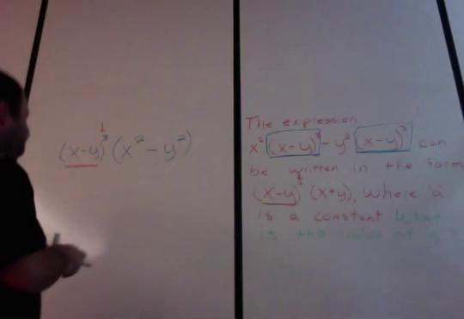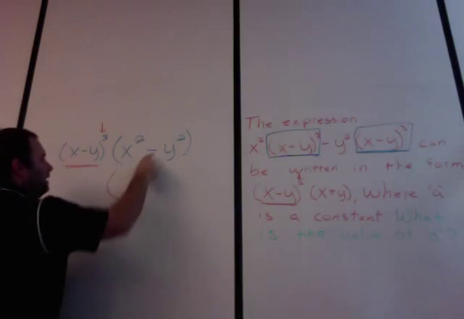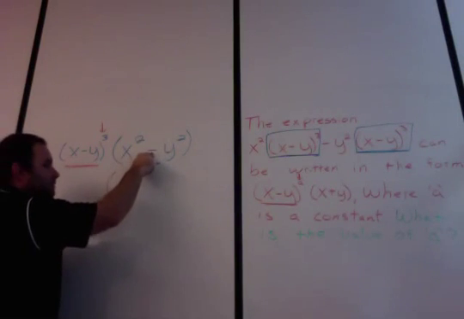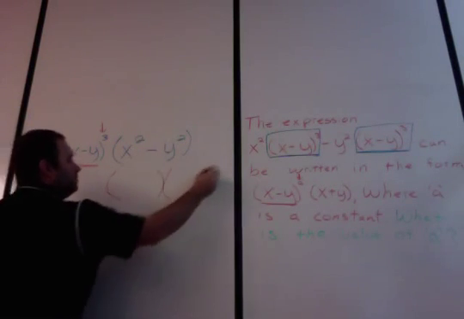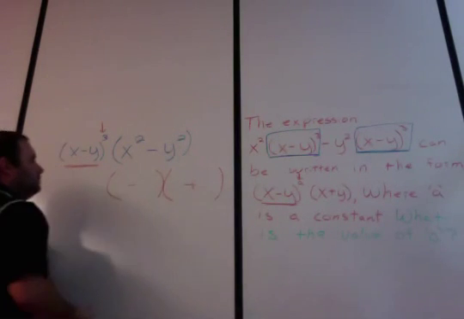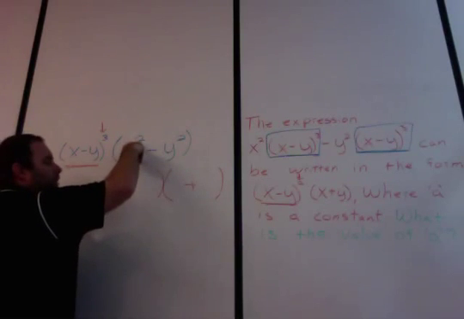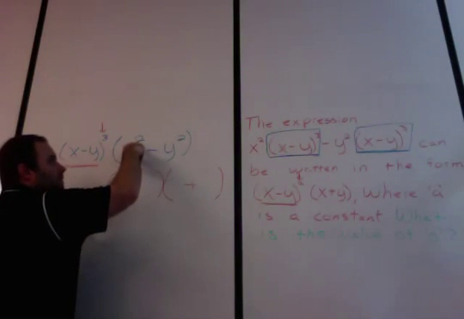What you do is you take a difference of squares. A difference means minus, and I'm going to split that up. I'm putting a minus here and a plus here. Well, if I have a difference of squares, whatever this is, square root it. What does that mean?